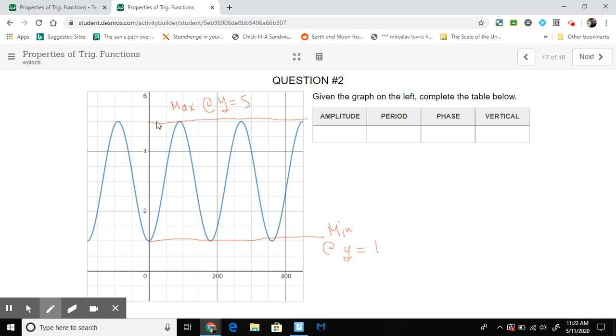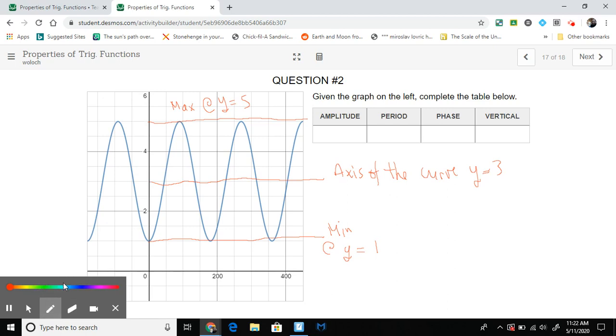So what's halfway between 5 and 1? Well, if I count, 1 unit, 2 units, 3, 4. So that means if I go from the min up to this line here, this is what we call the axis of the curve. So that's the line y equals 3, okay?